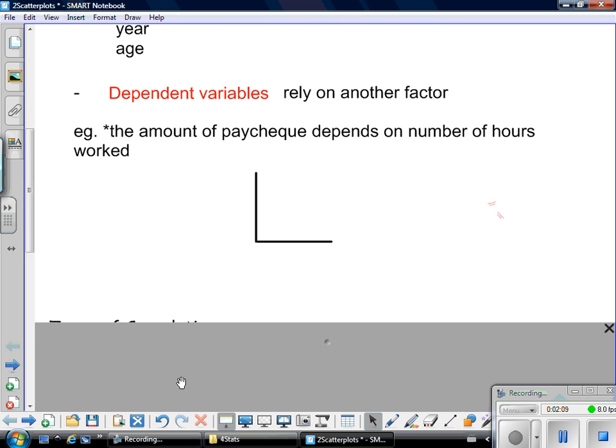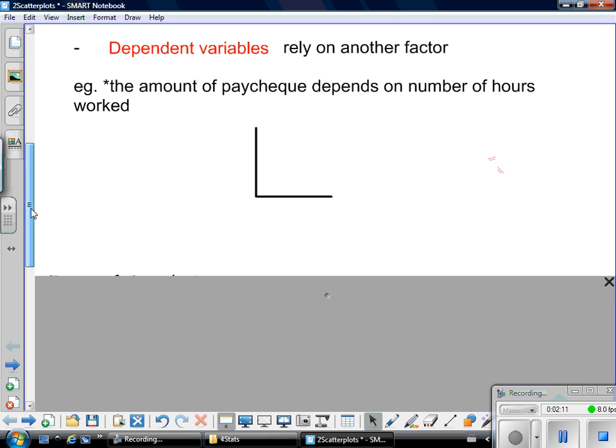Now, when we're actually graphing these, and this is from science as well, you should understand that we have our independent variable, and we have to know what axis it goes on, and we also have the dependent variable. The independent variable always is on the horizontal axis.